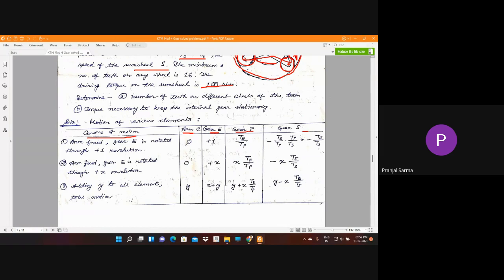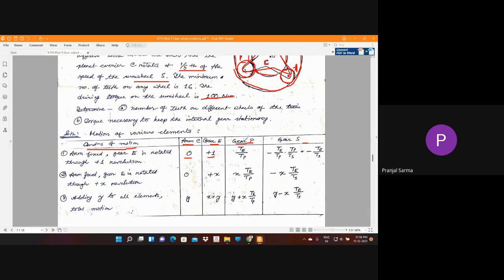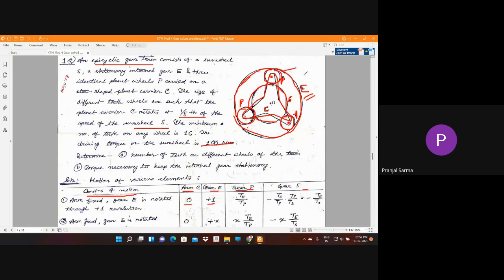So for arm C it is fixed, that means motion is 0, and for gear E, +1 has been given. Now the planet gear P and the external gear E are in internal mesh, because gear E has internal teeth, so their sense of rotation will be in the same direction.